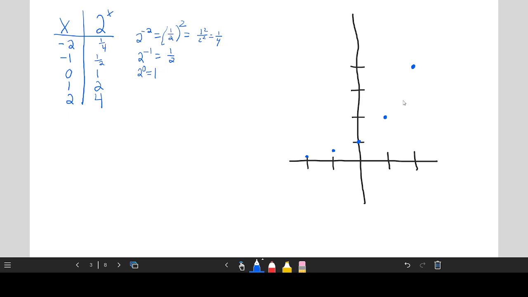So we're getting this curve here, and we can see that as we move to the right, it's increasing pretty quickly. Exponential functions increase really quickly. That's one of their main characteristics. You may have heard someone, even just in conversation, say that something was growing exponentially. It means it was growing really fast.